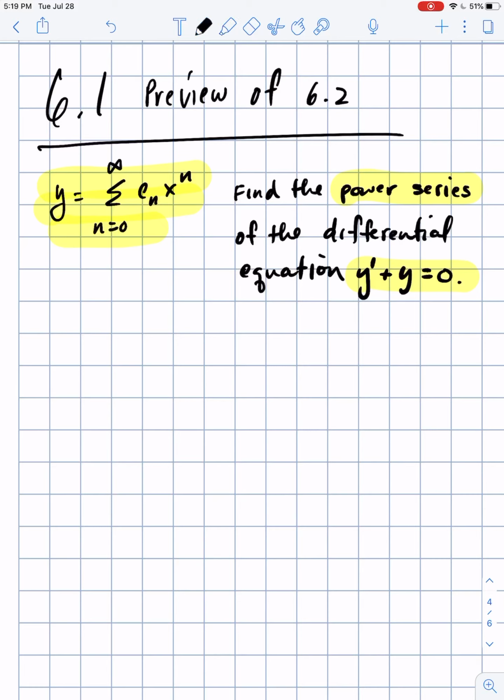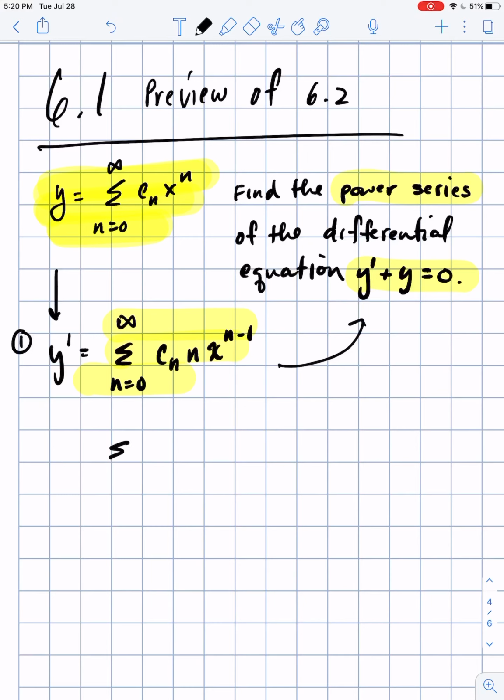Okay, so what you want to do first is calculate the derivative. If you think about taking the derivative here, c of n is a constant, the n comes down, and then you have x to the n minus 1. What I'm going to do is plug in these two, the y and the y prime, into our differential equation.